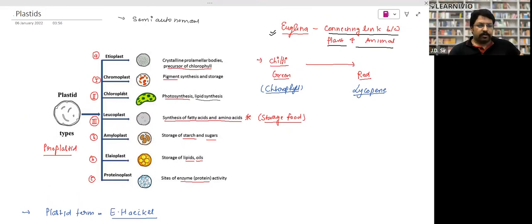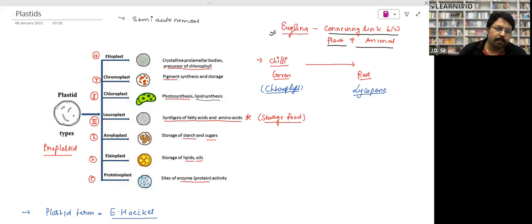Plastids can be of three types. Chromoplast: they have pigment and they give color to the flower and fruit. Chloroplast: that is meant for photosynthesis and lipid synthesis. Leucoplast: synthesis of fatty acids and amino acids takes place, and its function is the storage of food.